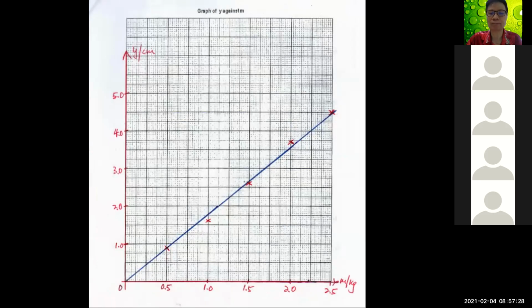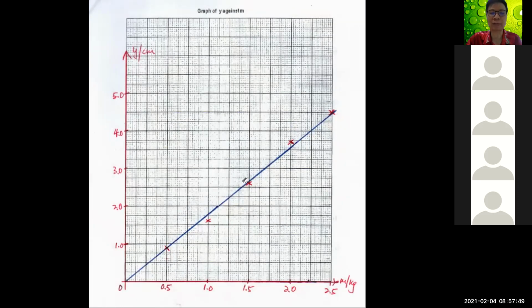This one everyone is the same. When I do like that, I will cover the whole page. That is 2.5 mass in kilogram. Whereas on the y-axis side, I put 1.0, 2.0, 3.0, 4.0, 5.0 because the maximum is 4.5 only. So it's big enough already.